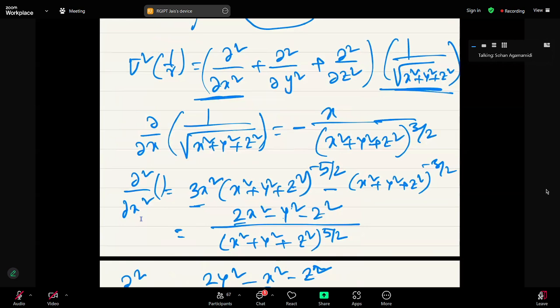Here u by v will come now. Why is this wrong? First we kept x constant and differentiated this one. Differentiation should give n x to the power n minus 1. So minus 5 by 2, and then this is 3 by 2, and this is x square, 2x. This is correct. This is not wrong.